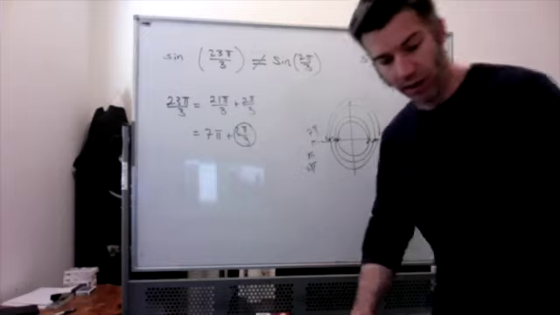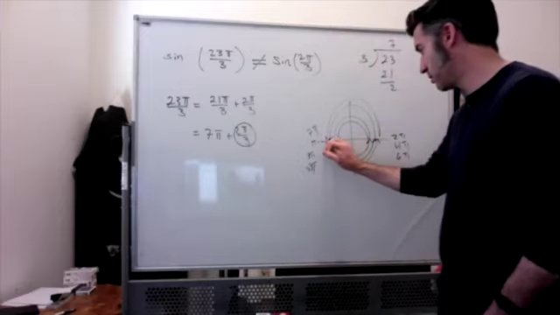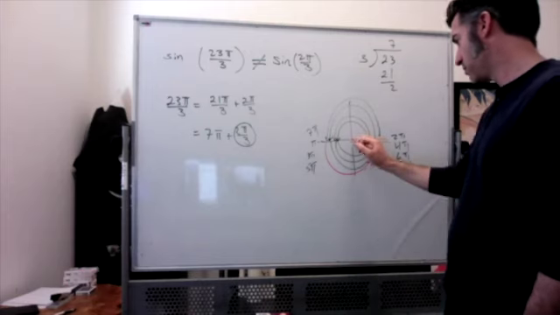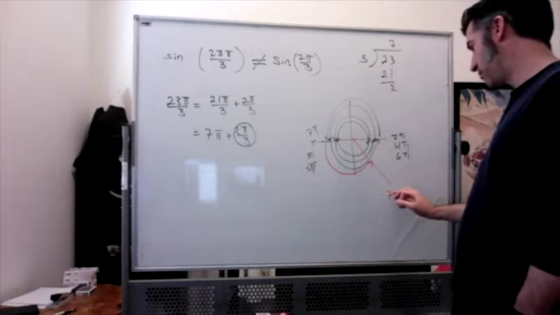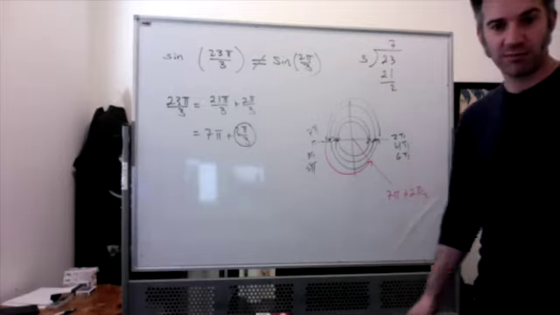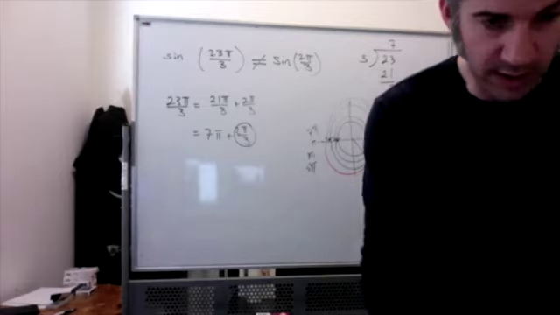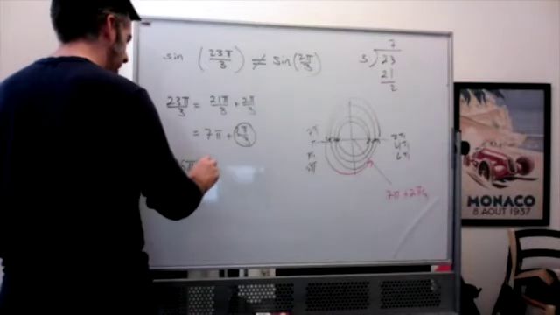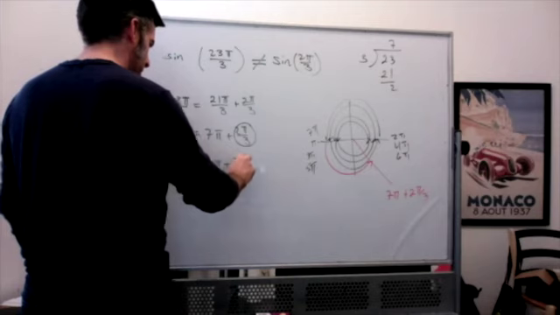So not all the way around, but right there. So there's our 7 pi plus 2 pi over 3. Or if you wanted, you can also think of it as 6 pi plus 2 pi over 3.